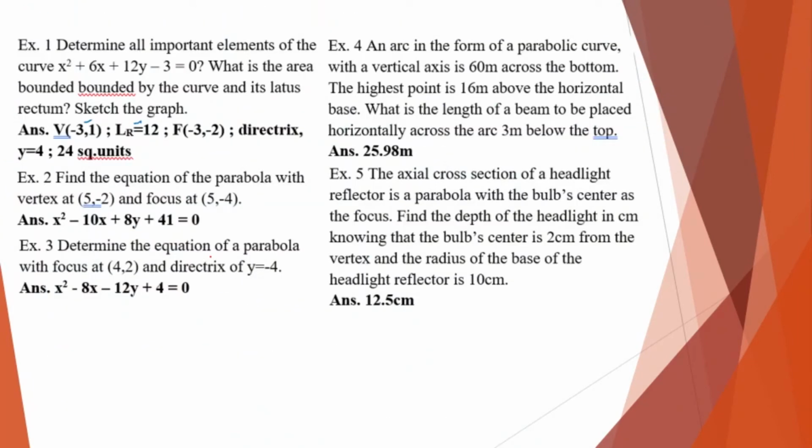So you have to analyze it with the respective given. For number 3, determine the equation of a parabola with focus (4, 2) and directrix y = -4. So again we will try to graph it. Again we have this Cartesian plane.